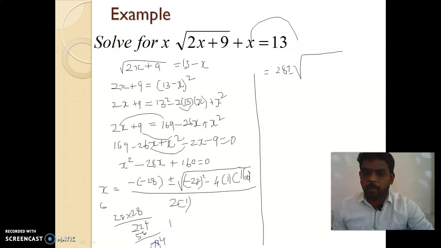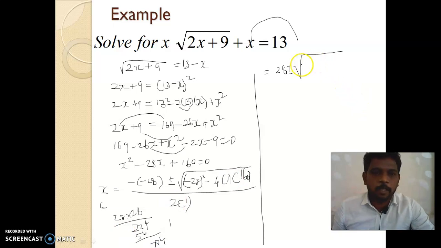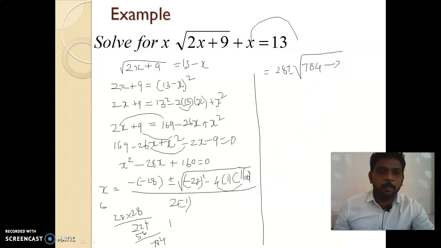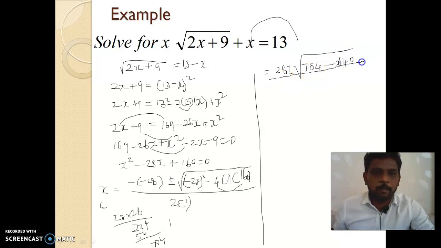So 784. Okay. So 784 minus, multiply these two. So 16 into 4 is nothing but 64. So 64 and 0 is there, so 640. And whole divided by 2 into 1, 2.